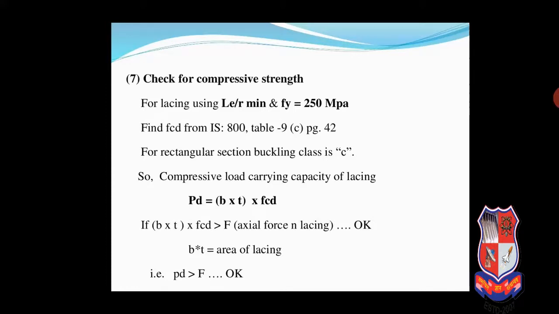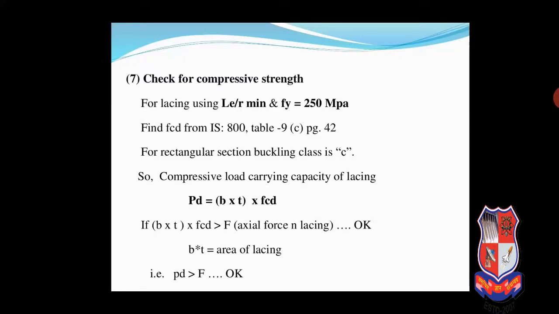So the compressive load carrying capacity is denoted by PD. PD is equal to B multiplied by T into FCD. B is the width of lacing, T is the thickness of lacing, and FCD is the compressive stress.